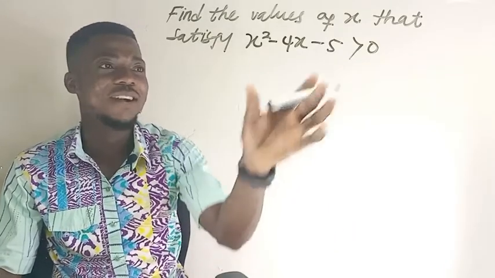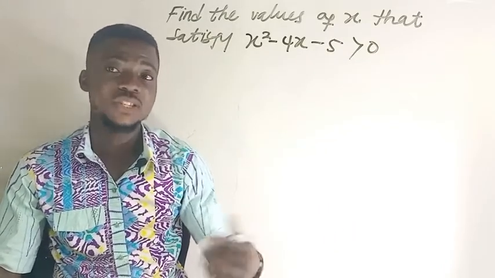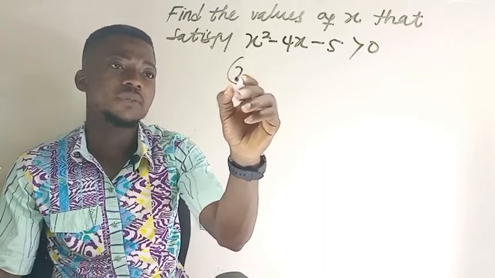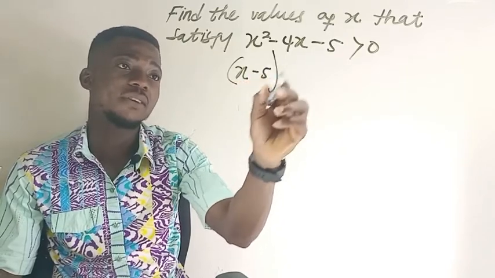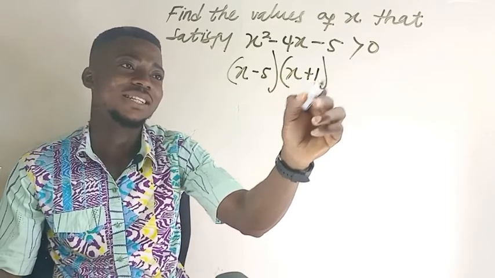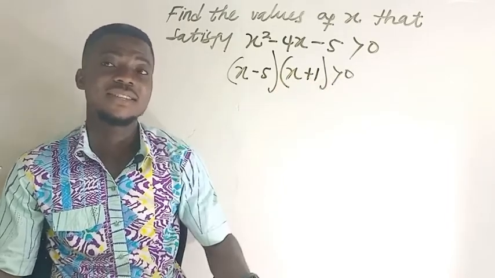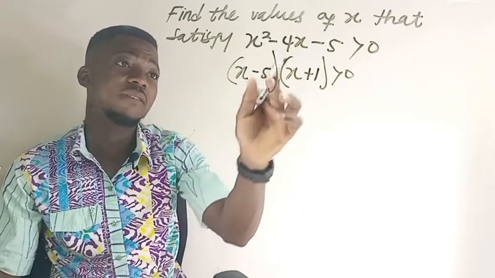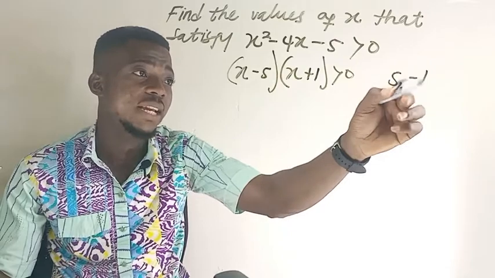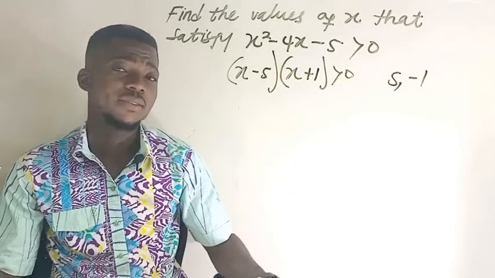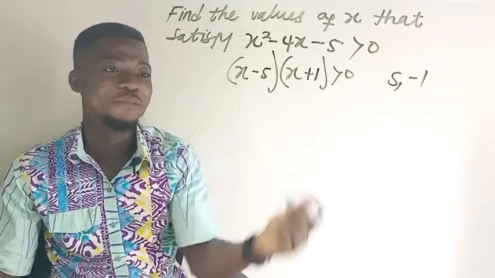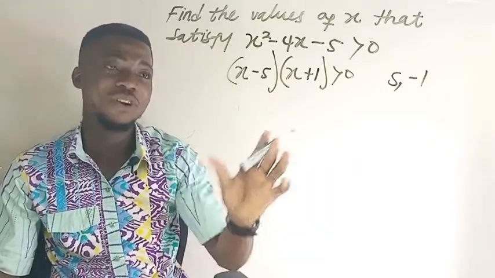So when you factorize it, you're going to have x minus 5 times x plus 1 greater than 0. That means the roots of this inequality are 5 and -1. As we have the roots, we're going to use the roots as the endpoints of the inequality.